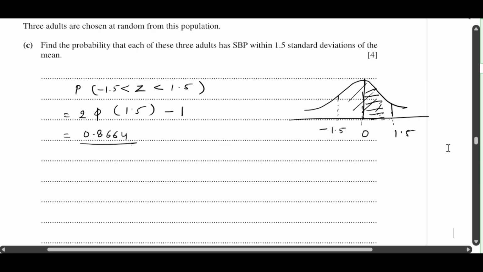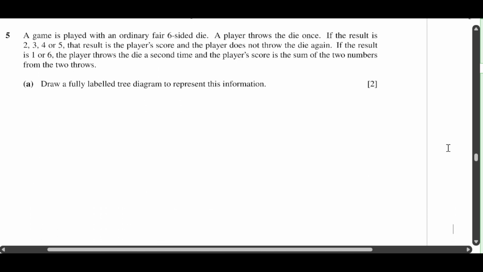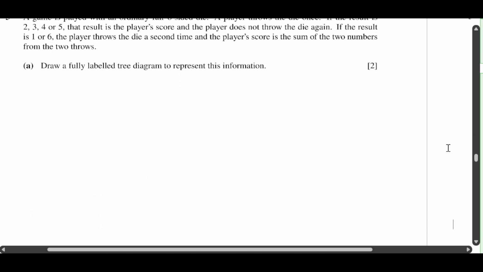Okay, now let us move to the next problem. Question number 5. A game is played with an ordinary fair six-sided die. A player throws a die once. If the result is 2, 3, 4, or 5, that result is the player's score, and the player does not throw the die again.